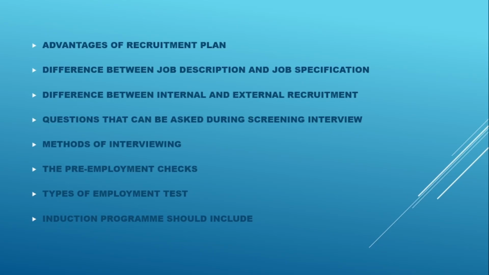So a job specification specifies a job vacancy for specific skills, abilities, experience, and educational qualification. So with a job specification, now we are looking for a specific qualification, a specific experience, a specific skill.